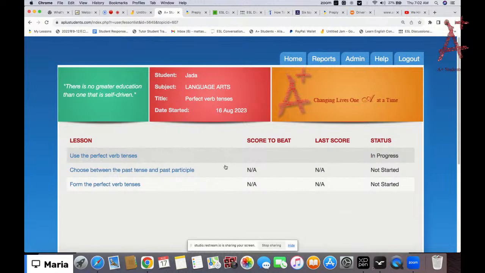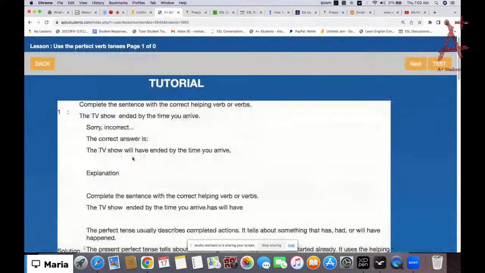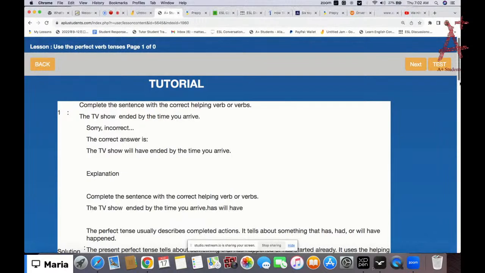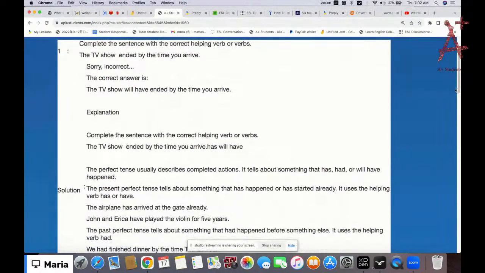Okay, so the first lesson is use the perfect verb tenses. Okay, so now, first of all, we need to understand what it's all about.